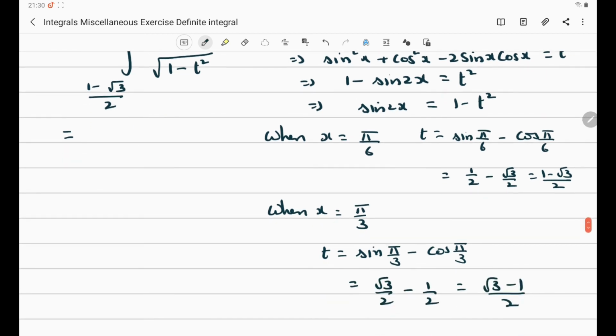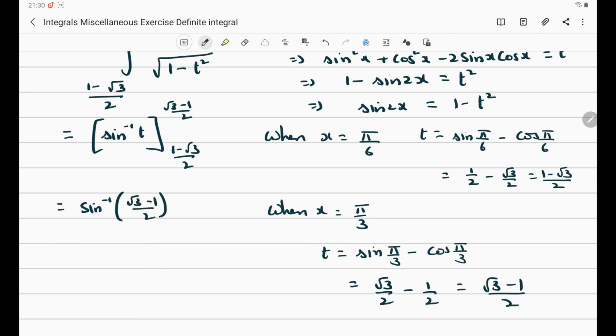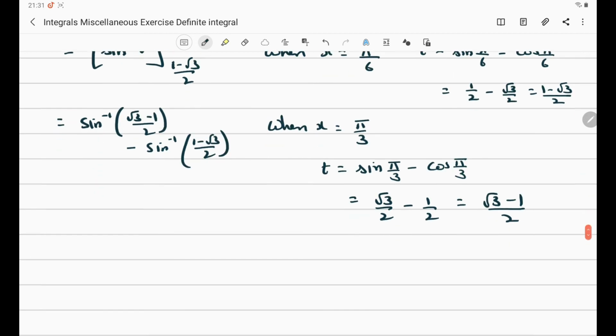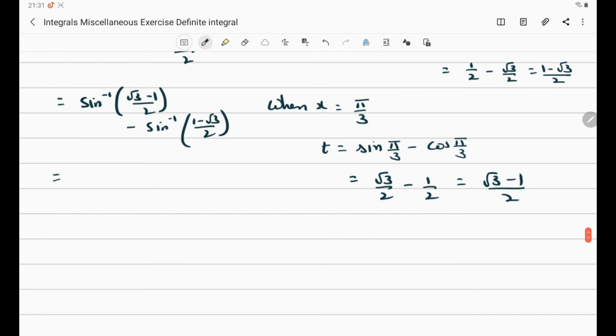So this is equal to sin inverse of root 3 minus 1 by 2 minus sin inverse of, we can write this as 1 minus root 3 by 2, and we know that sin inverse of minus x is minus sin inverse x.